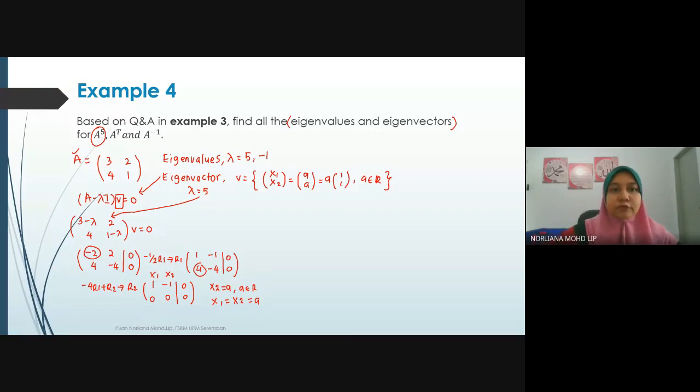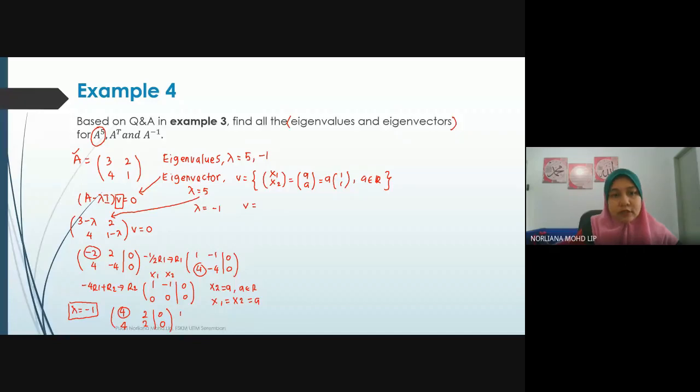Then find the eigenvector for lambda equal to negative 1. Substitute lambda equal to negative 1 into this equation. So 3 minus negative 1, 4, 2, 4, 1 minus negative 1, 2, equal to 0.